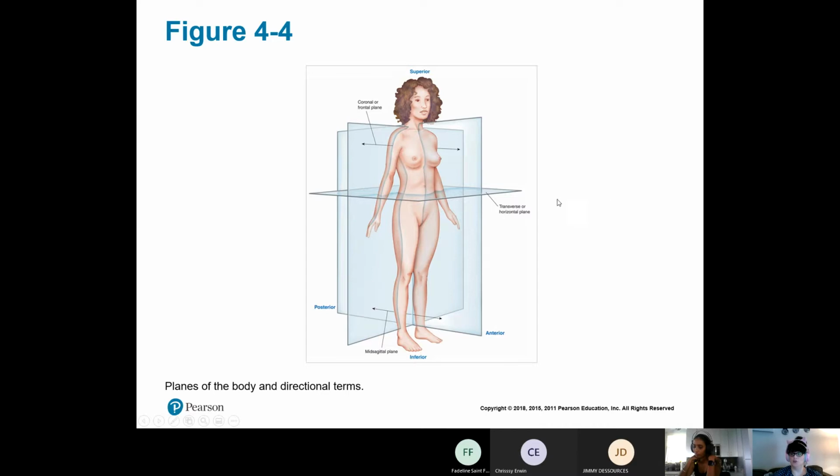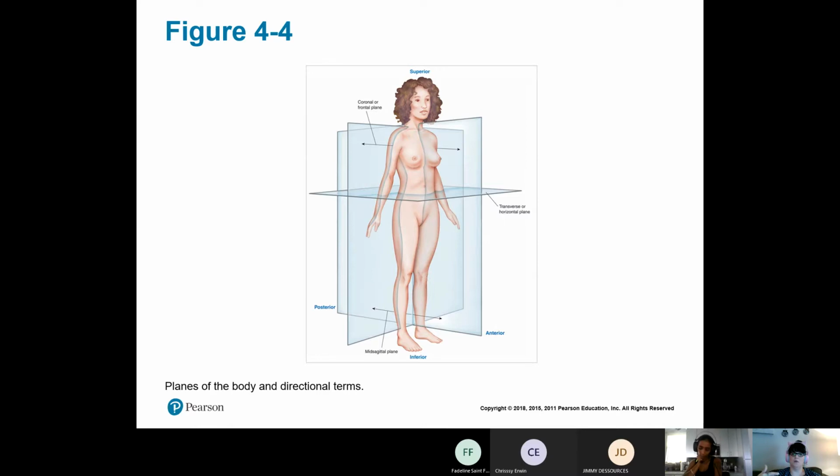And then transverse, because we know the word trans means to cut across. So a transverse plane would be something across, right?